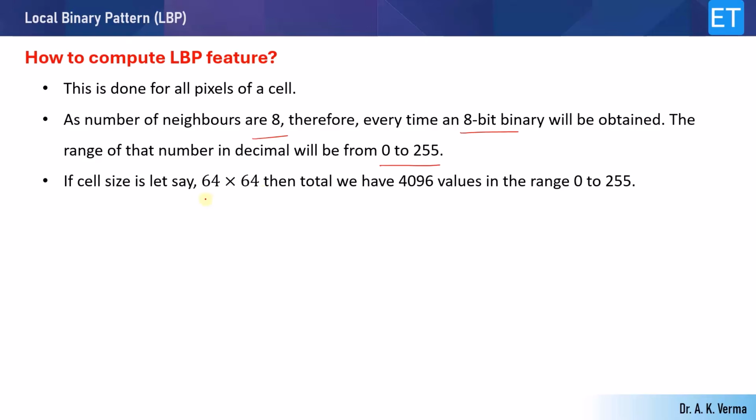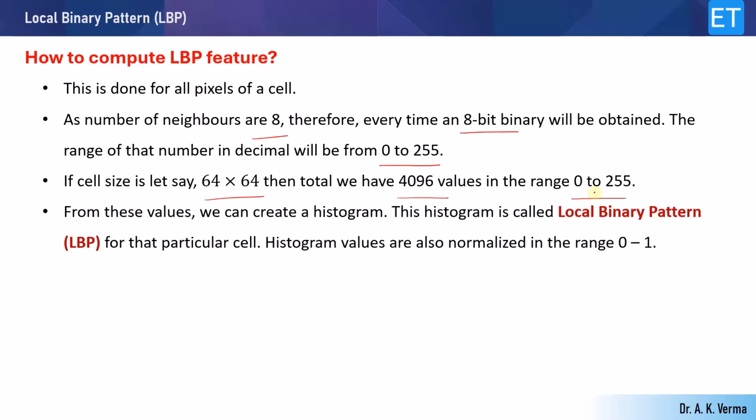If the cell size is, let's say, 64 by 64 pixels, then I will have a total of 4096 pixels, and they all will be converted to an equivalent decimal number, again ranging from 0 to 255. From these values I can create a histogram, and this histogram is called the local binary pattern, LBP, for that particular cell. This histogram is normalized in the range 0 to 1.